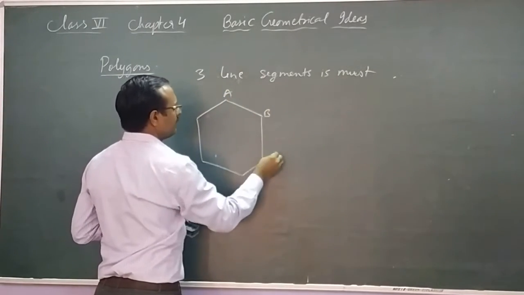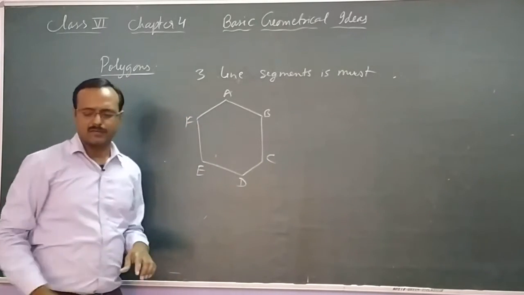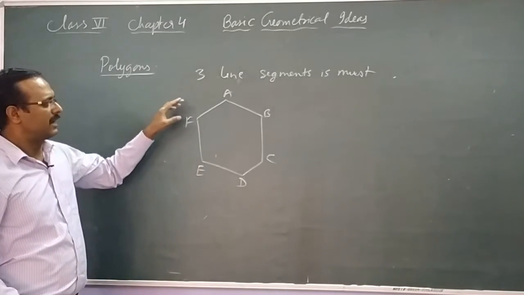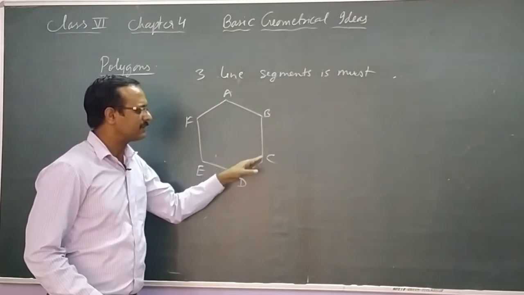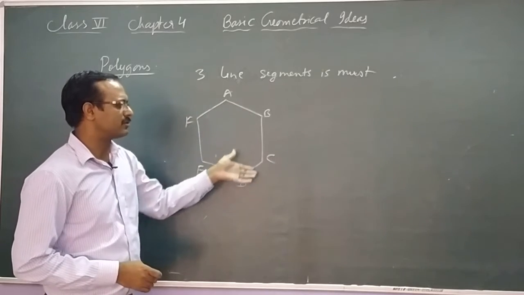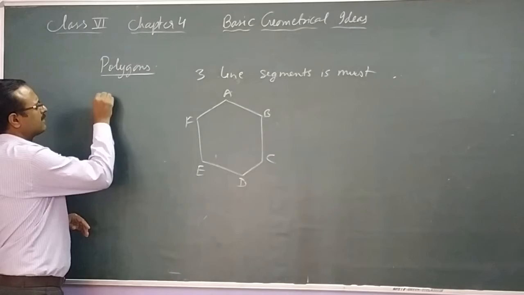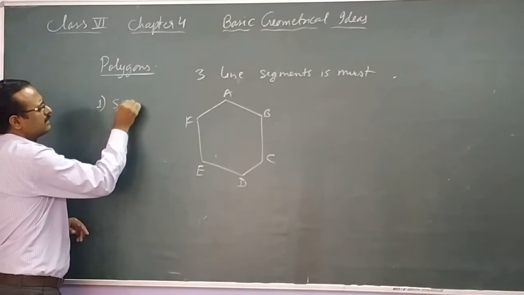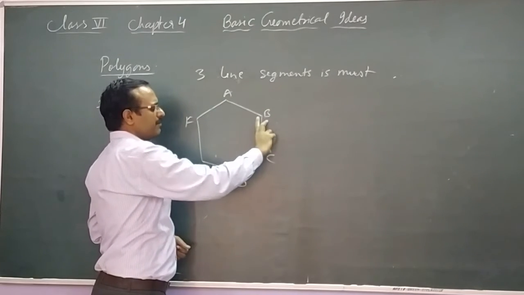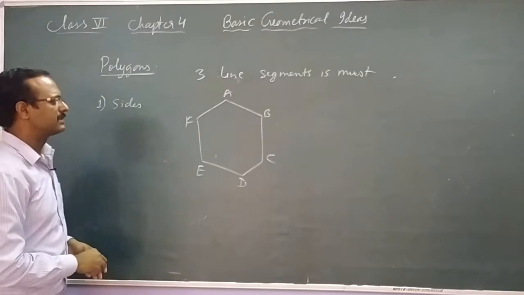A, B, C, D, E, F. Now how have I named this polygon? See here, I have put some points at the corners. There are straight line segments also. One of the parts is sides. So a polygon has sides. These line segments AB, BC, CD, DE, EF, FA, all are sides.